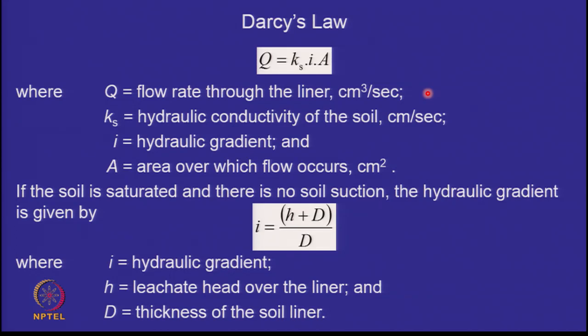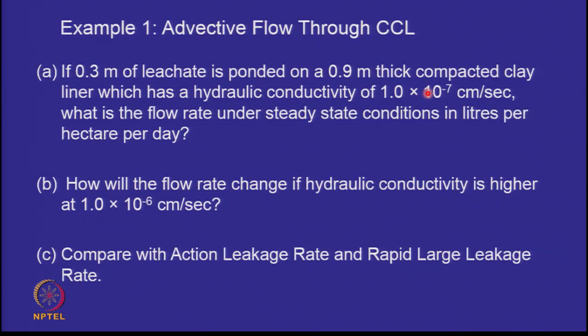And here is the problem back again. If you have noted the formula, 0.3 meter is the head, 0.9 meters is the thickness of the compacted layer, and the conductivity is 10 to the power of minus 7 centimeters per second.